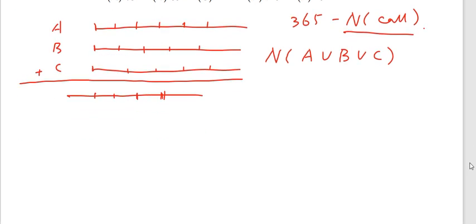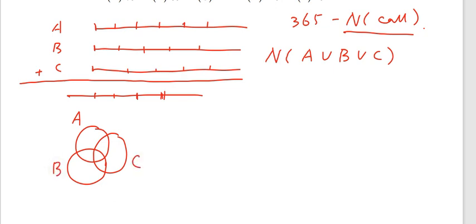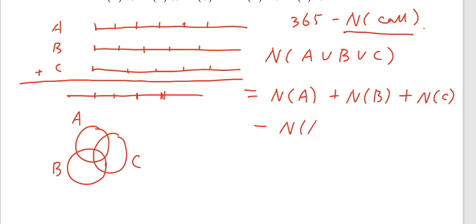So here we use the Venn diagram. Suppose this is A, this is B, this is C. Here I have many overlaps, so we use this formula. It equals A call plus B call plus C call. Then we need to subtract the days when both call: A and B, A and C, B and C. We count that day twice, right?